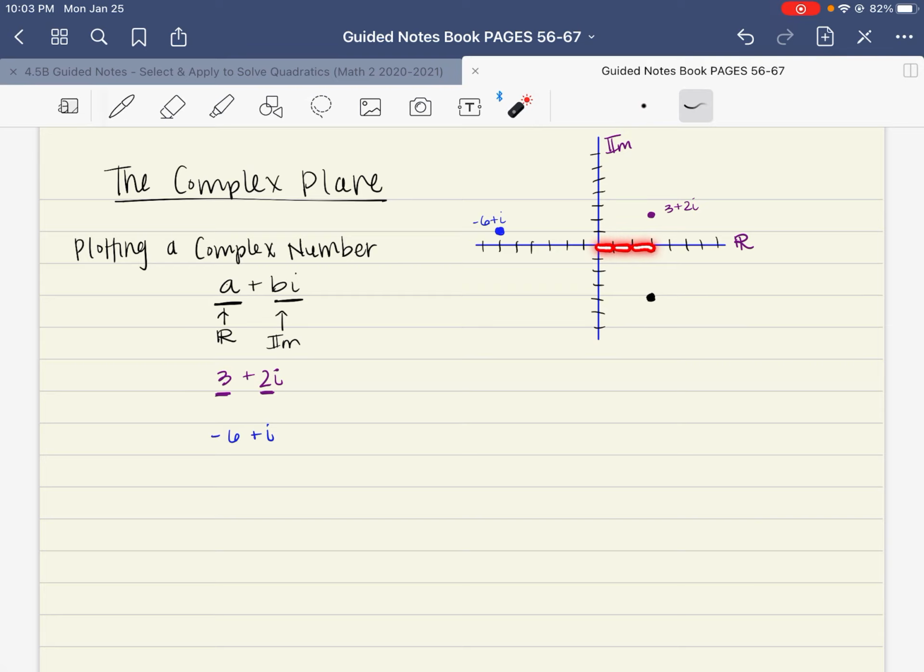So it looks like we went over 1, 2, 3. And then it looks like we're going down 1, 2, 3, 4. So if I went 3 units in the positive real direction, and down, meaning subtraction, 4 units in the imaginary direction, this would be the complex number 3 minus 4i.